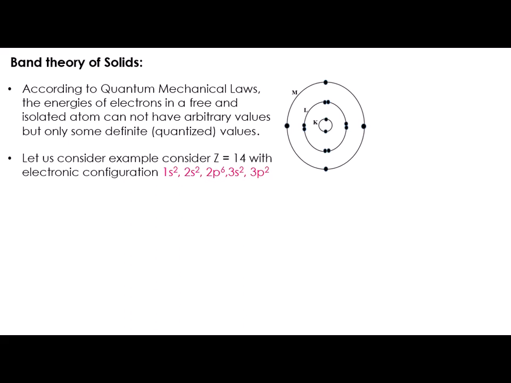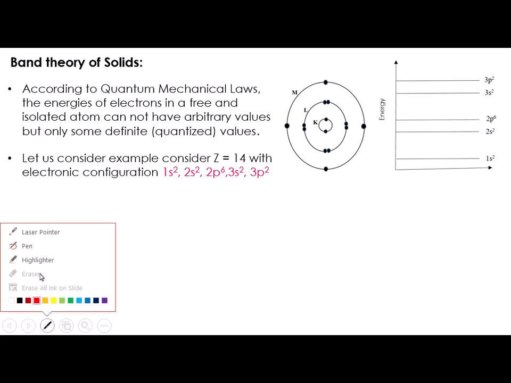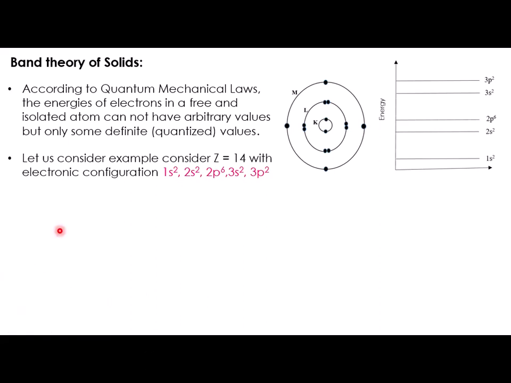If you want to draw an energy diagram, an energy plot for this atom, the energy plot will be like this. In this energy plot, as you can see, the S subshell is completely filled. The L shell is also completely filled with 2 electrons in the S subshell and 6 electrons in the P subshell, whereas the M shell is not completely filled.